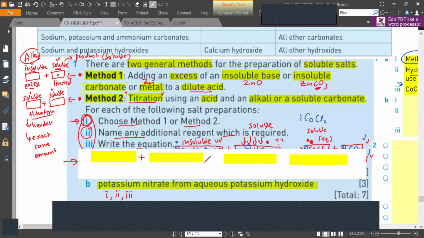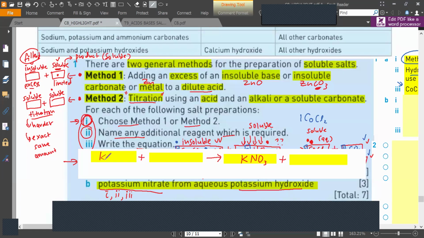We want to form potassium nitrate, which is KNO3, because the charge is +1 for potassium and -1 for nitrate, so just KNO3, from potassium hydroxide.